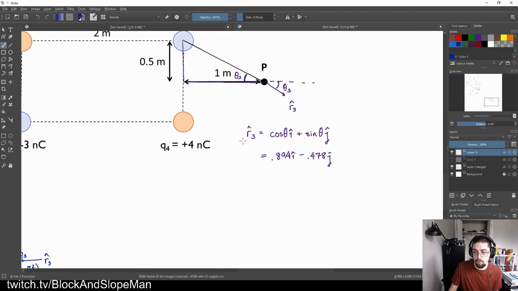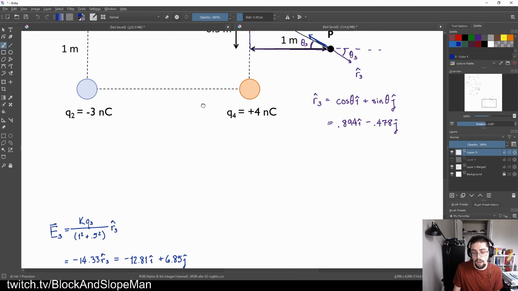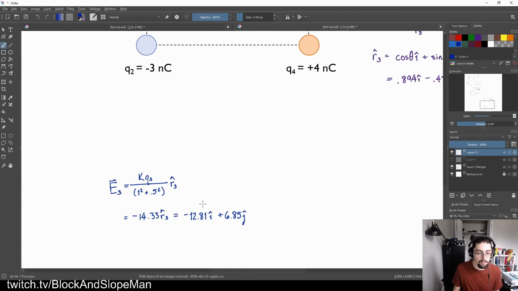Right? And does that agree with what I expect to see? Well, it should be going radially towards, and this is not a good angle that I'm proficient with drawing, but I see it going to the left, so that's a negative x and a positive y. I see a negative x and a positive y. Fantastic. My numbers agree with my picture.